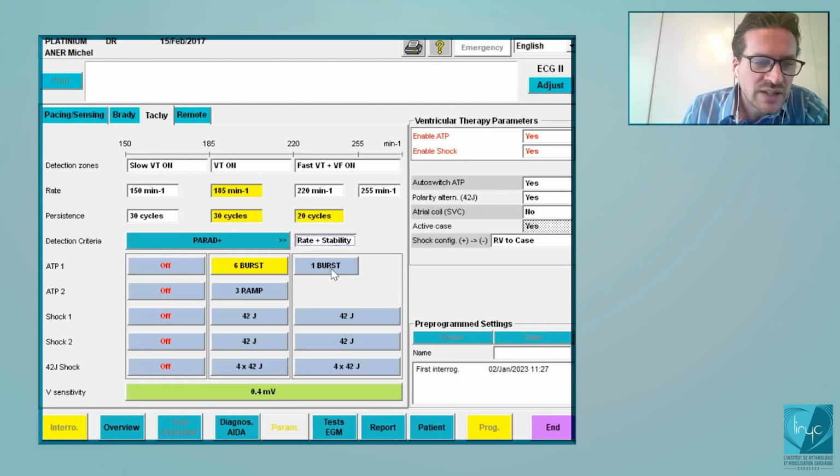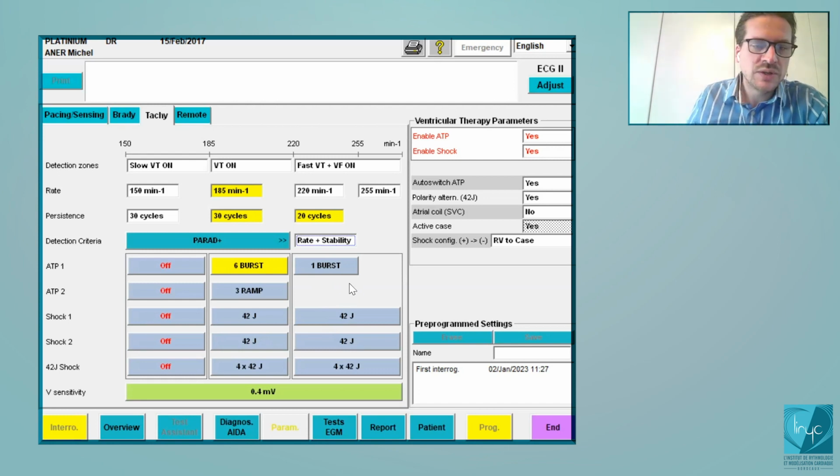Then how many ATPs? Well, most people will say that in these very, very fast zones, you should not deliver too many ATPs, so as not to lose too much time. And I think I agree, even though I wouldn't be shocked if you would program 2 bursts. I've seen some tracings where it really helps and avoids the shock.